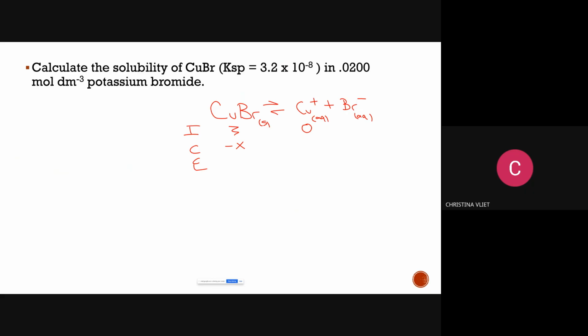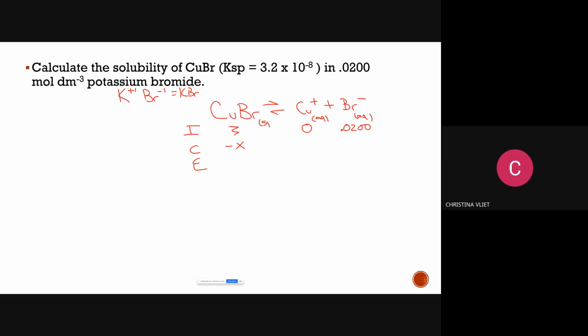What is the starting amount of bromine? How do we know that? This is K plus 1, Br minus 1, so we do have to check that, right? That this compound only produces 1 Br minus, because that would affect it. But it's 0.02 Br minus to start.